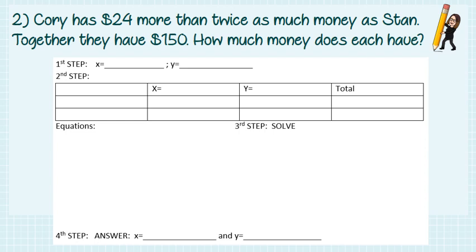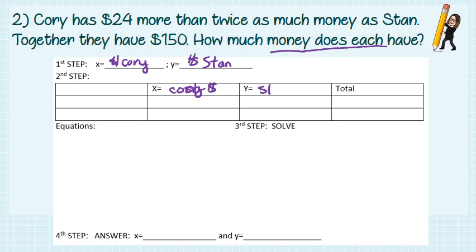The question, how much money does each have? So those are my unknowns. How much money does Cory have? And how much money does Stan have? Okay. So I've got a Cory money column. Oops, Cory money.